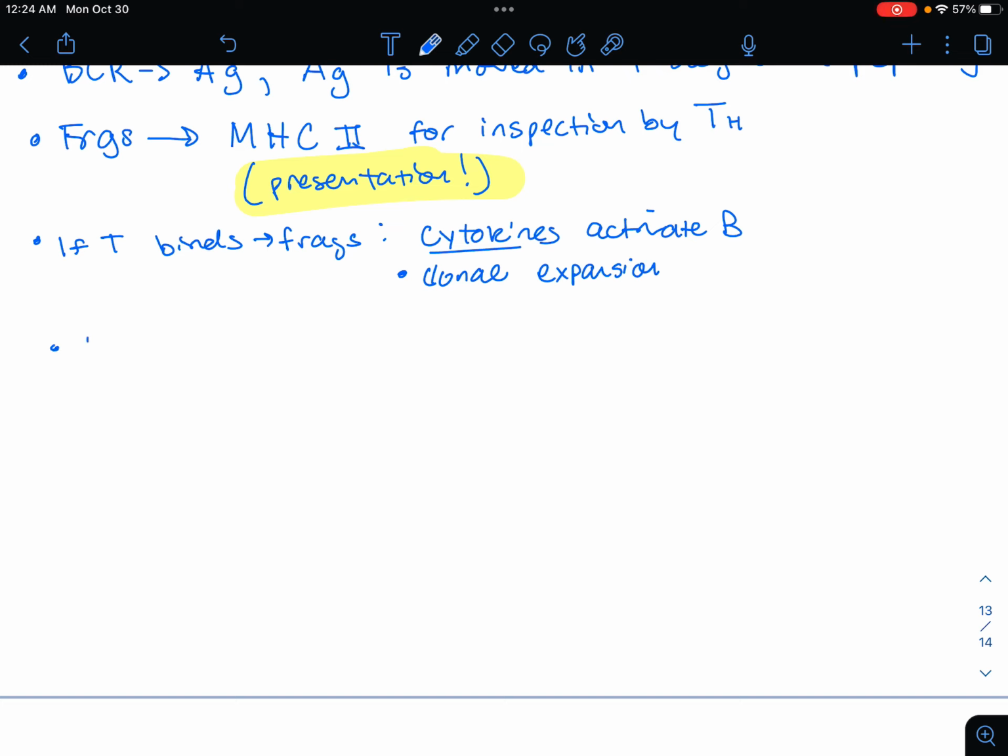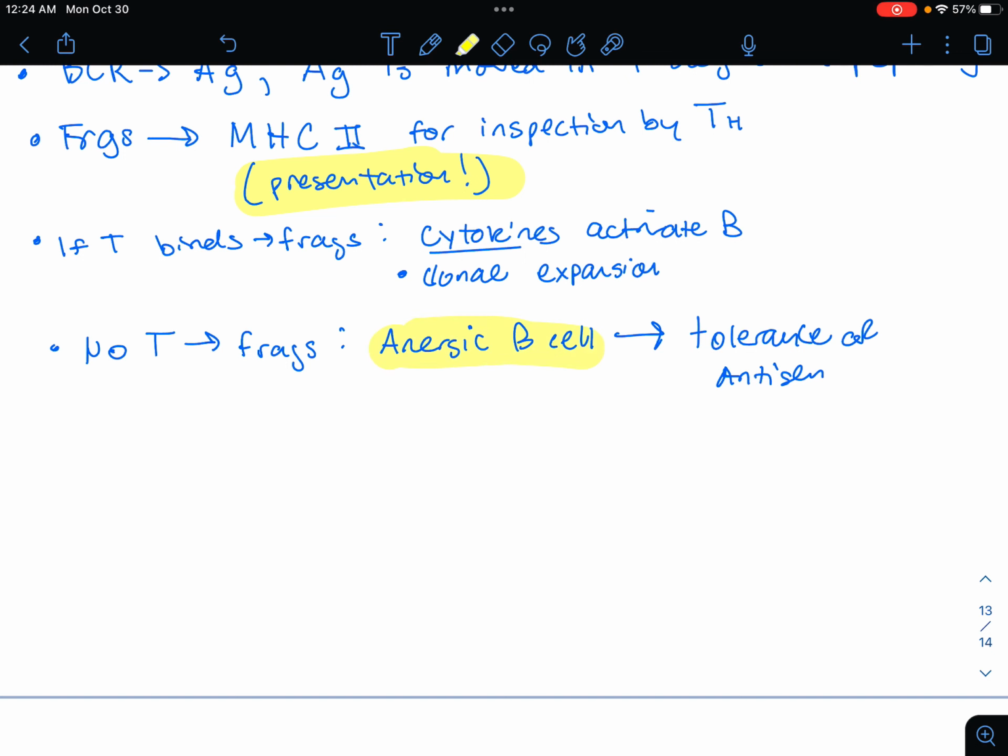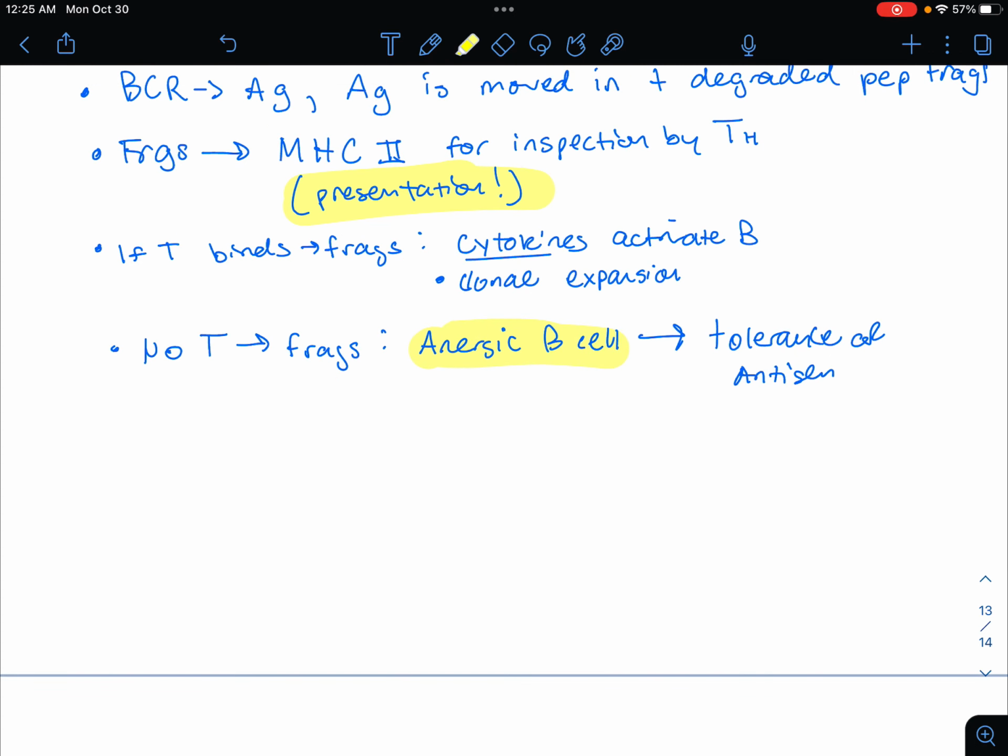But if no binding between the T and the fragments on the class 2 MHC, this will be an anergic B cell. And that means it's just going to stand for tolerance of the antigen. That's only if there's no binding between the T and the displayed fragments. That's what that picture is saying.